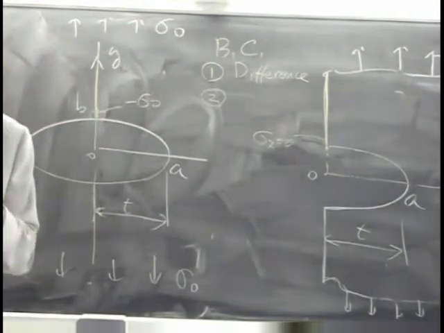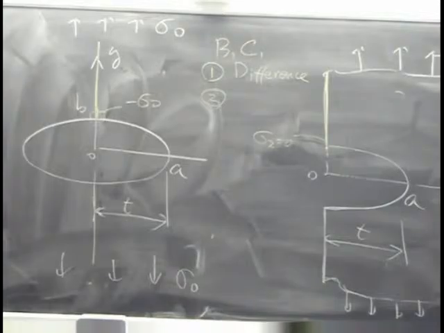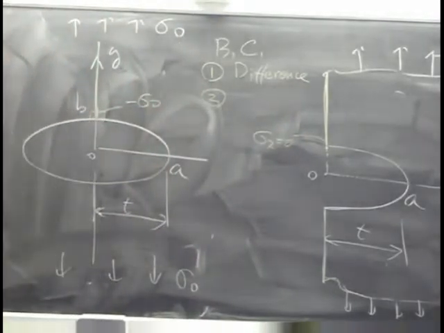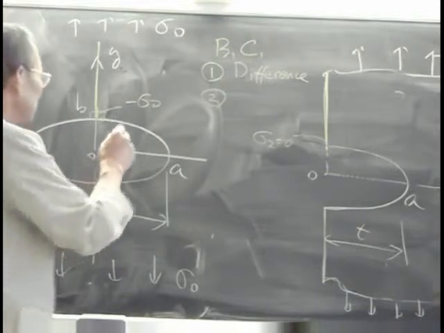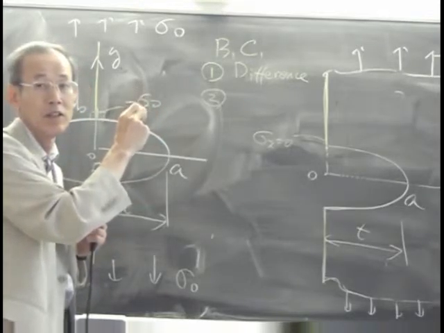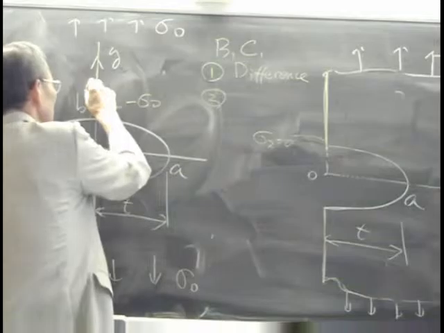But we have a very important similarity of the boundary condition of this boundary and this boundary. What is it? Tau equals 0. Why tau equals 0? In the first case, because the y-axis is an axis of symmetry, and in the second case, because it is a free surface.